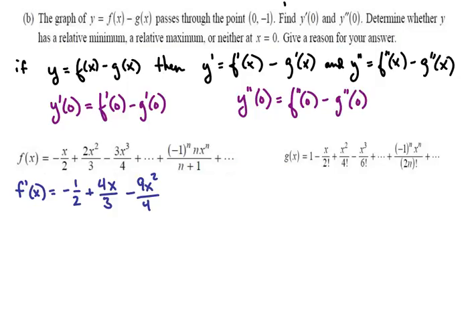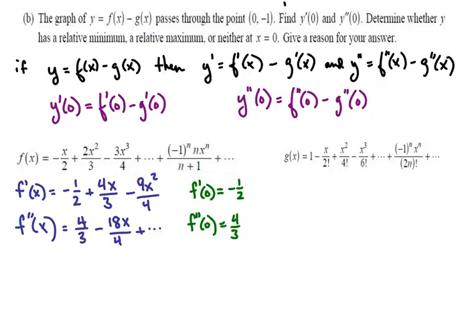The second derivative of that, since the derivative of a constant is 0, is going to be 4/3 minus 18x over 4, etc. At this point, we're ready to talk about what f prime of 0 would be. When we plug in 0 for x, all that's going to be left is the negative 1/2. And when we do the same thing for the second derivative, all that's going to be left is 4/3.